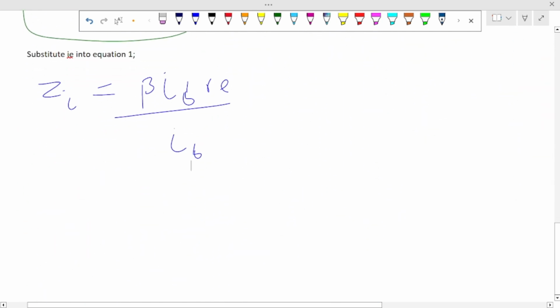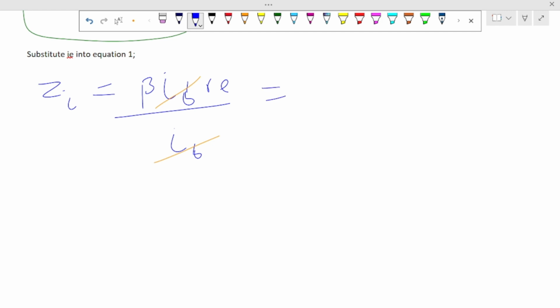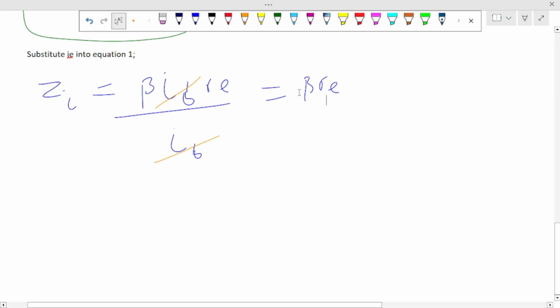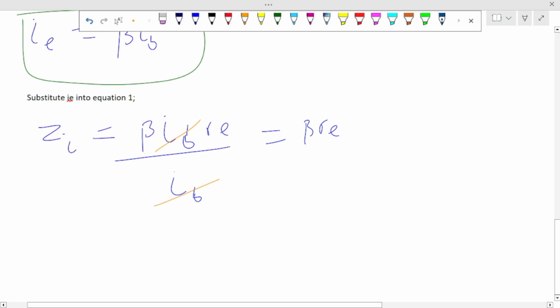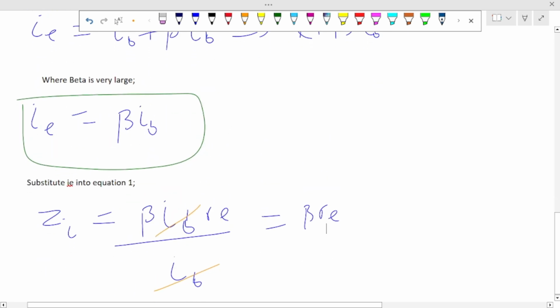So obviously, this IB can cancel this IB. So what will be left is Zi equals beta RE. Good. That means where we have Zi in our equivalent circuit, we are going to put beta RE.